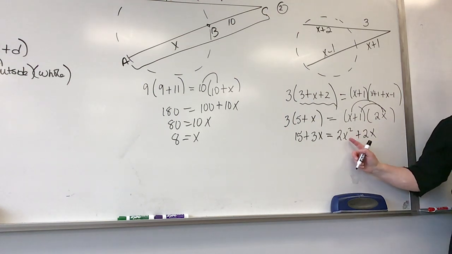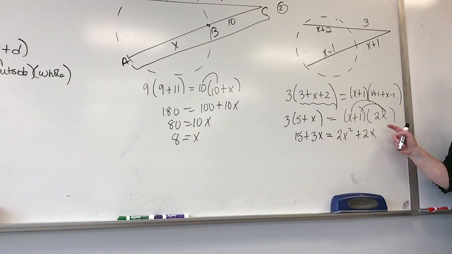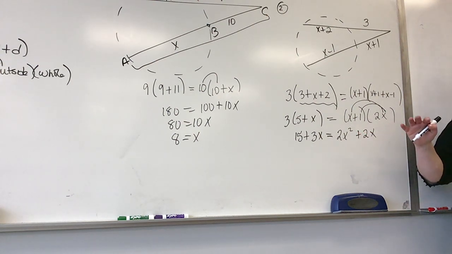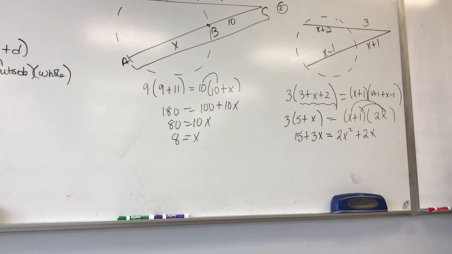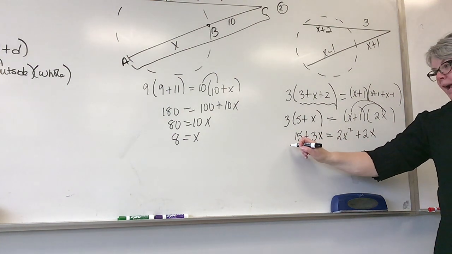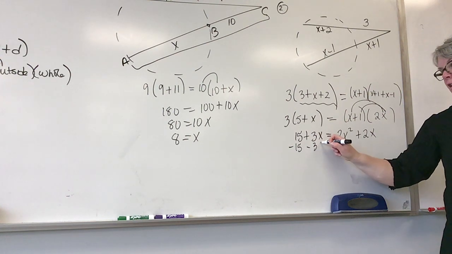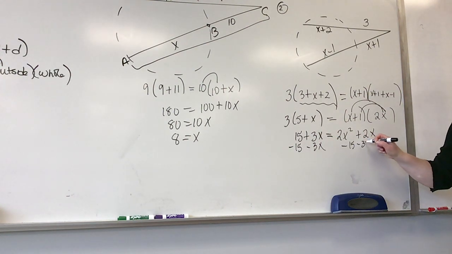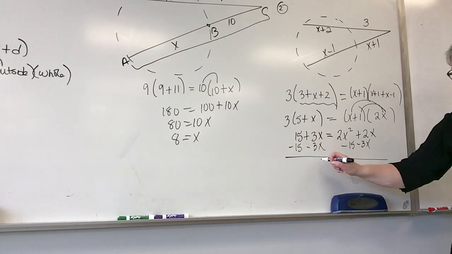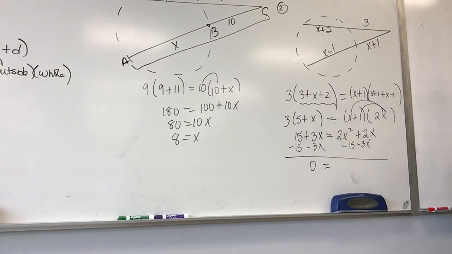Anytime you have x squared and x to the first in any of the equations, you're going to have to bring it over, set it equal to 0, and then we've got to, what? Factor. So we're going to subtract both of these. And so I get 0 on the left.